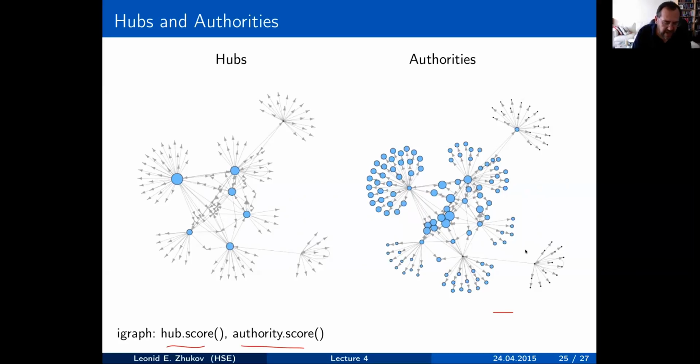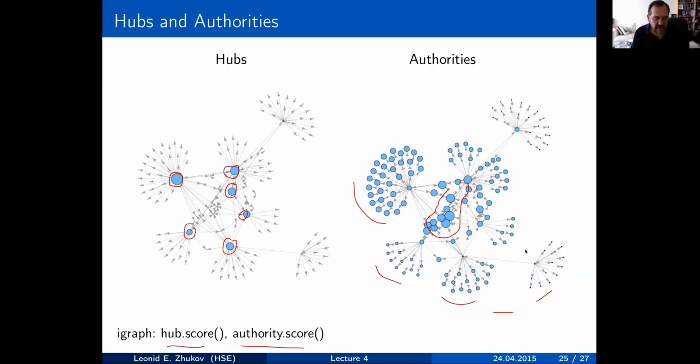And you can see that high hub scores are typically these nodes that are sitting in the center and well connected to authorities. And authorities are those nodes that sit on the fringes. Well, and there, of course, are authorities here in the center because a bunch of hubs connected to them.